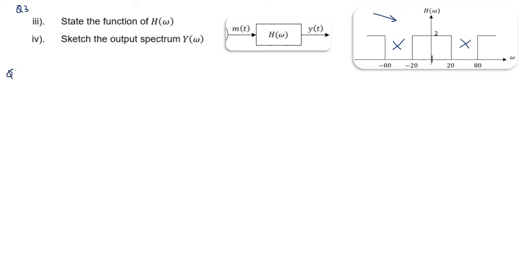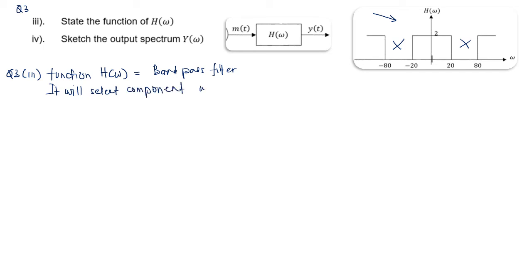Therefore, for question 3 part 3, the function of H(omega) is basically a band pass filter, in which it will select signal components within the passband, but remove unwanted signals.